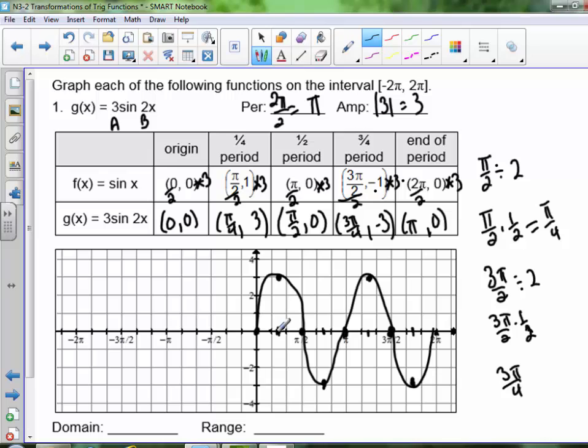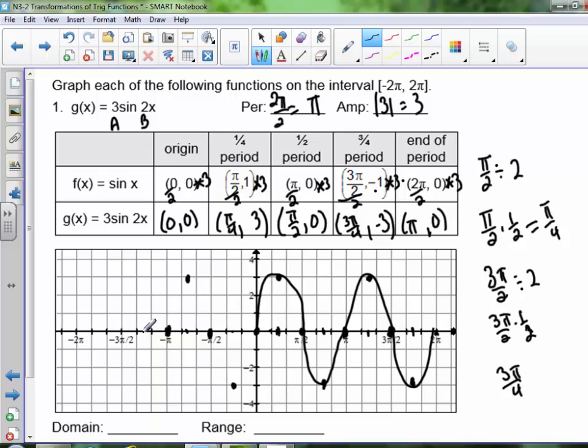We have pi over 4, positive 3 becomes negative pi over 4, negative 3 when we go across the origin. Pi over 2, 0 is negative pi over 2, 0. 3 pi over 4, negative 3 will become negative 3 pi over 4, positive 3. Okay, and then negative pi, 0.